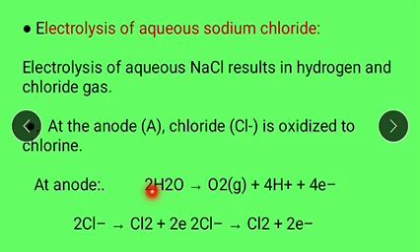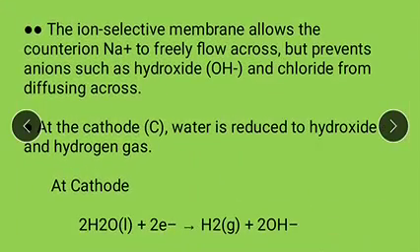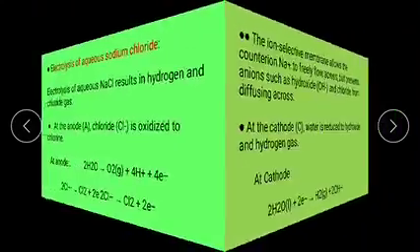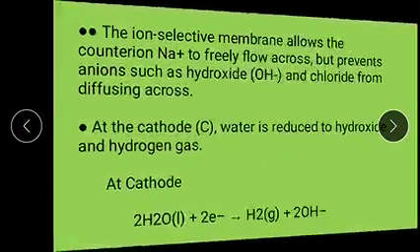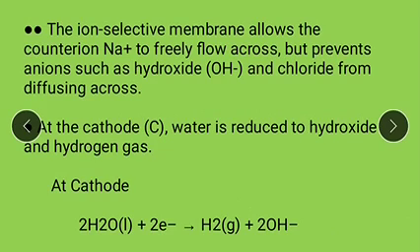At the same time, the water molecule produces oxygen gas and 4 H plus ions with the loss of 4 electrons. Here, the ion selective membrane allows the counterion Na plus to flow freely across, but prevents anions such as hydroxide and chloride from diffusing across.